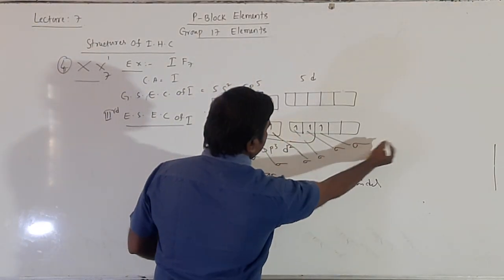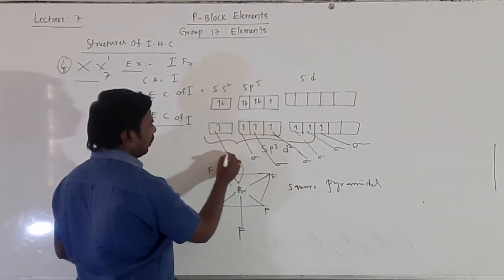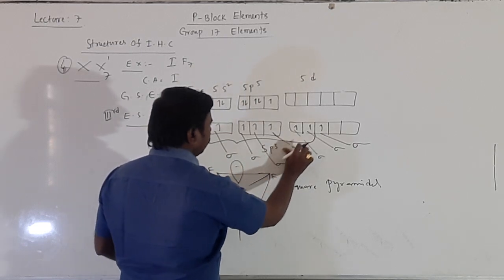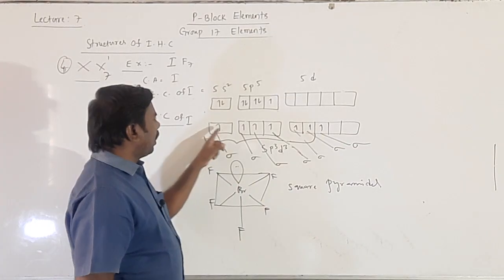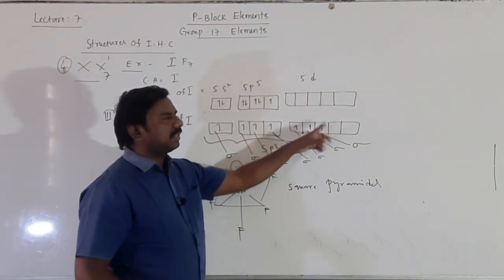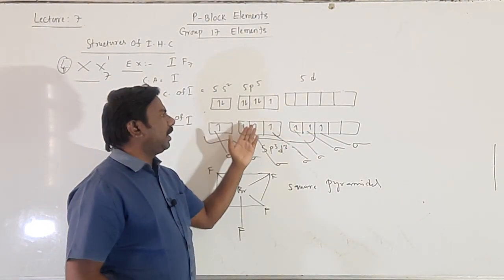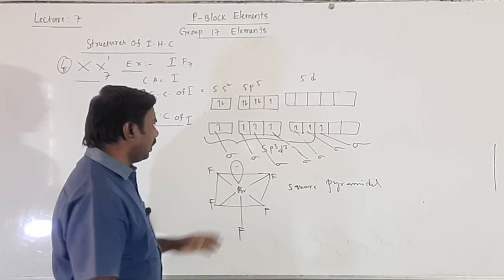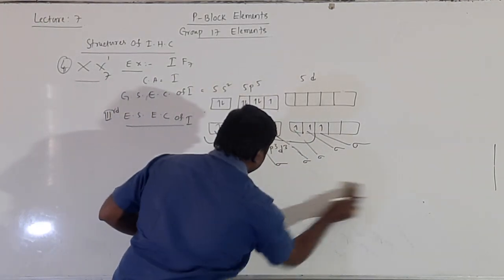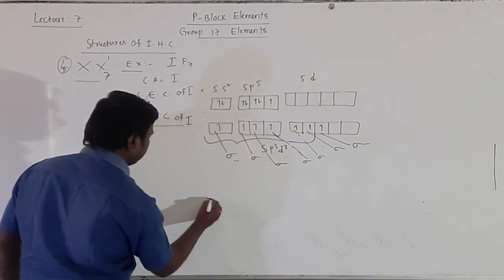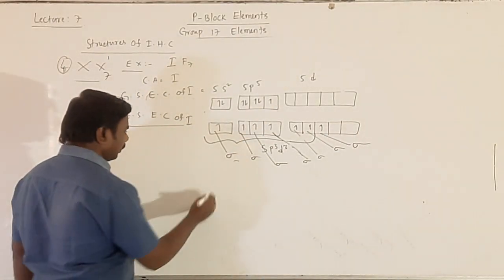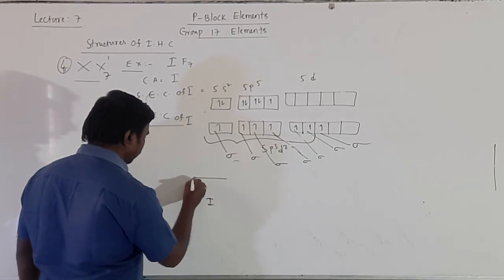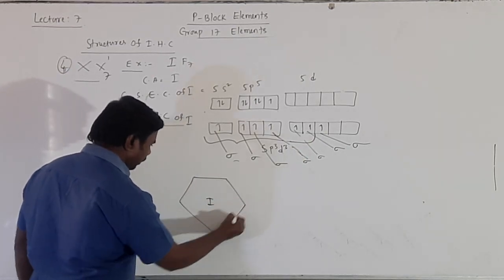So the hybridization is sp3d3, 1s, 3p and 3d, forming 7 sigma bonds.